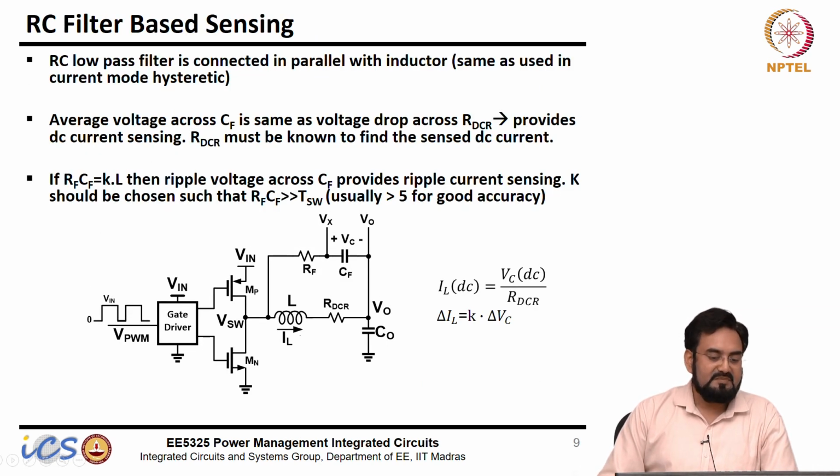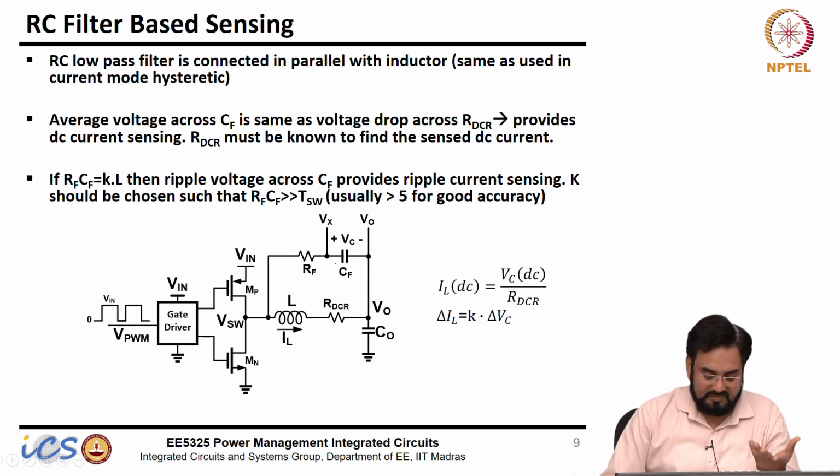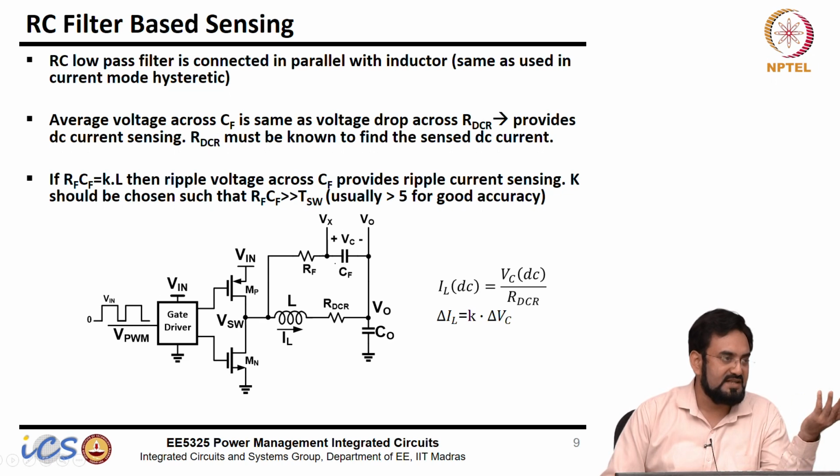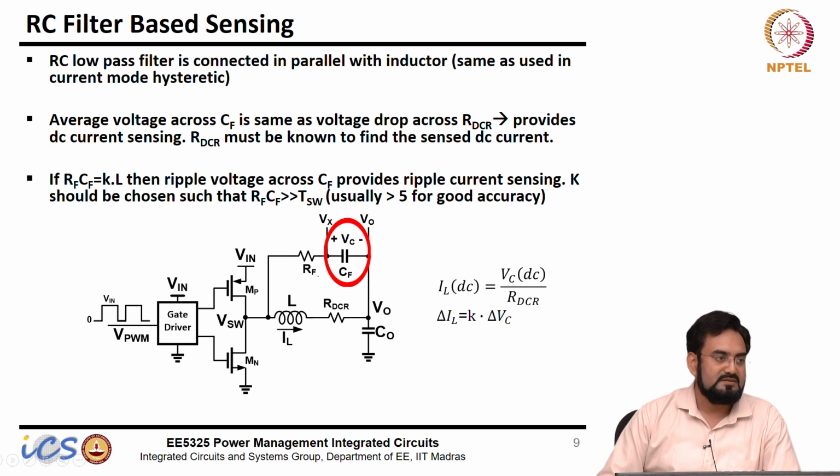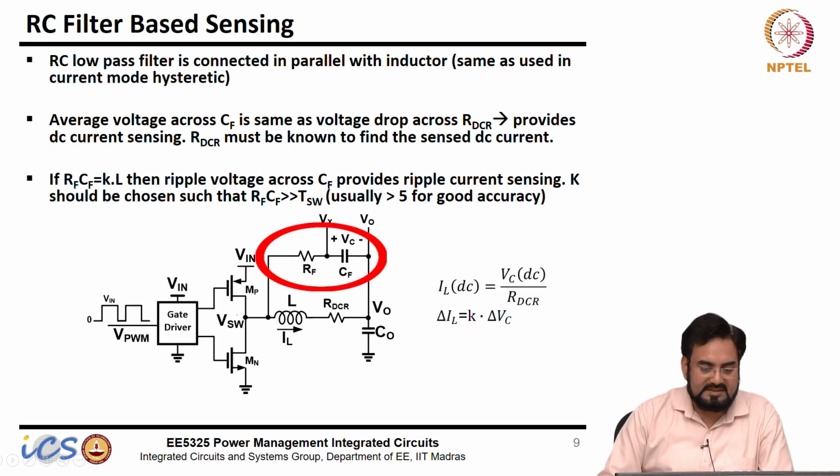So, this is RC filter based sensing. Another same thing which we used in hysteretic, current mode hysteretic, if you remember. But here if you see, you have both the information actually, ripple as well as the DC. So, if you look at this, this is nothing but a low pass filter, correct. So, what is the voltage across this capacitor?